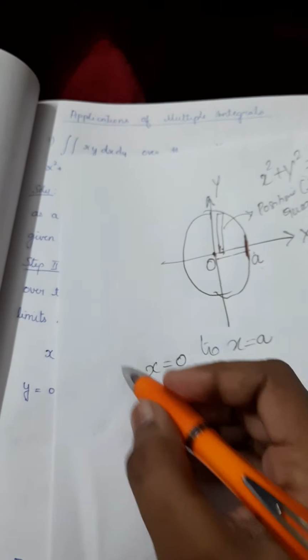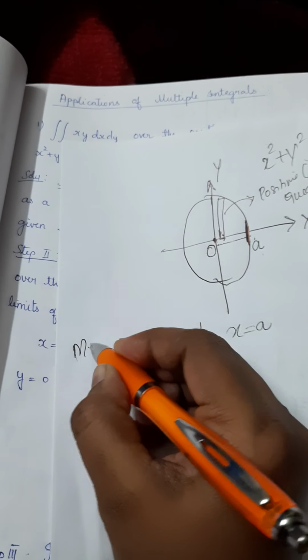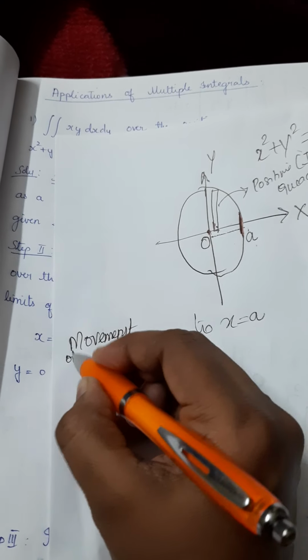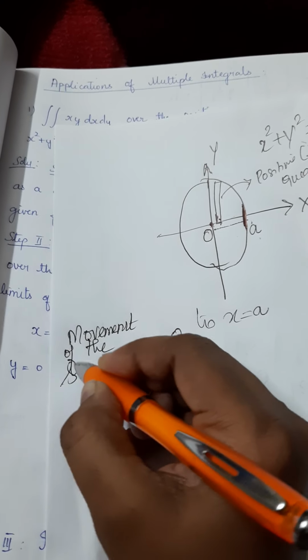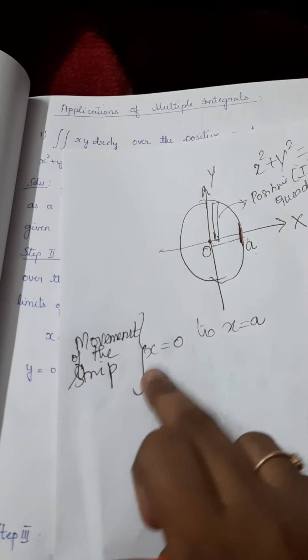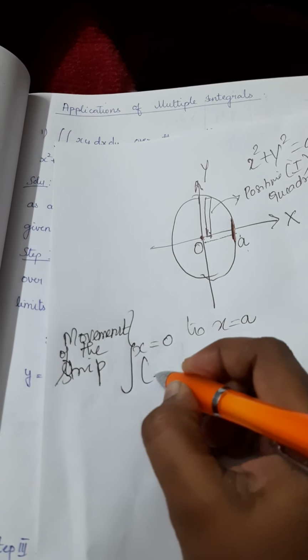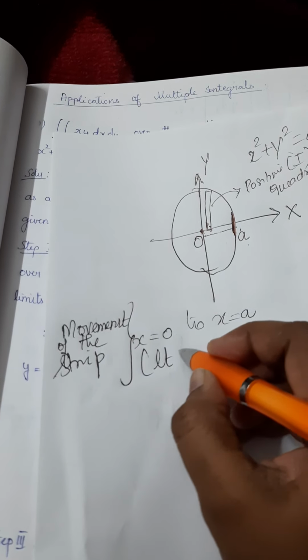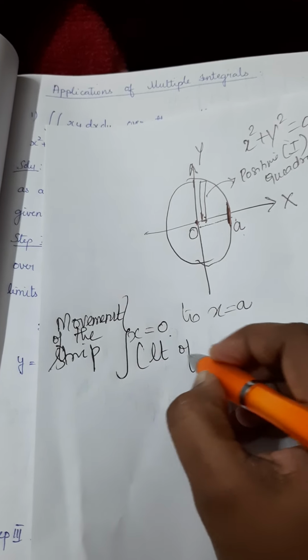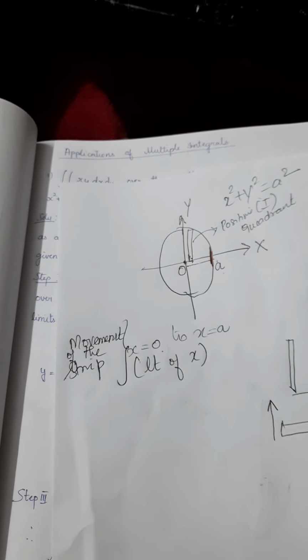From here we come to know the movement of the strip is going to give us one of the limits, that is the limits of x.